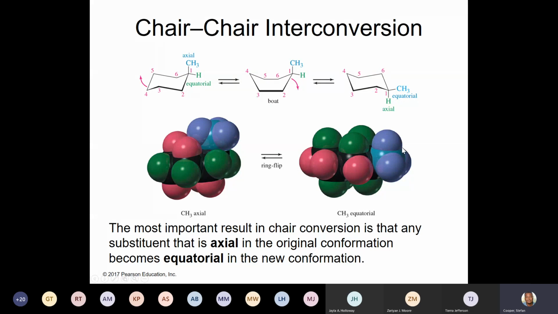However, if I place this equatorial, it's out there by itself. It's not really seeing these green or red hydrogens as much as in this position here. So the equatorial position will be preferred for larger constituents.